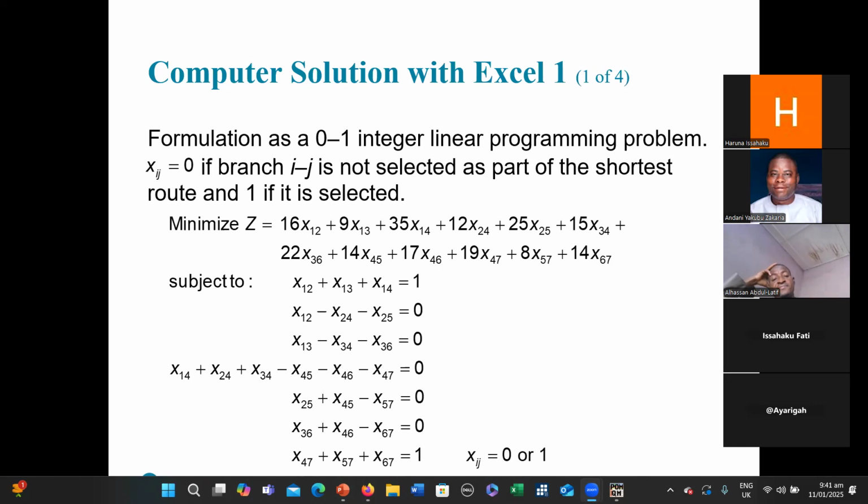Now, for the Solver, we go through the linear programming model setup that we've done before. And we formulate it as an integer problem.